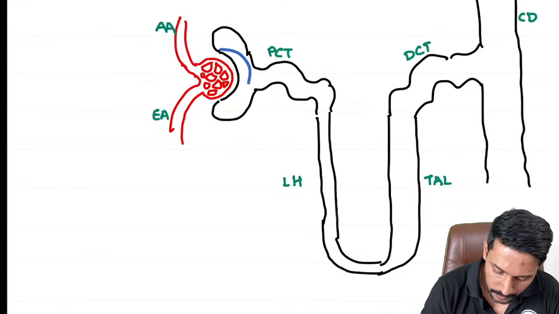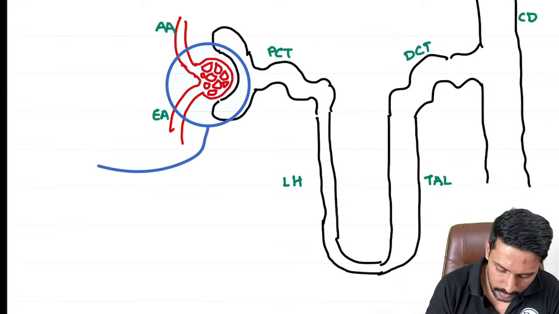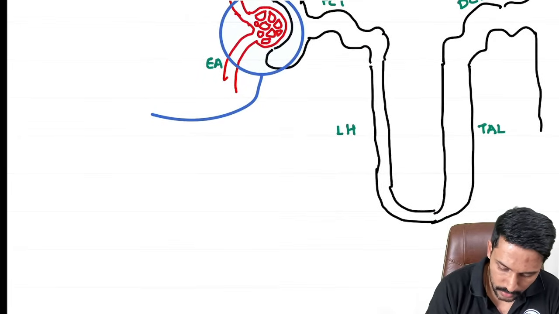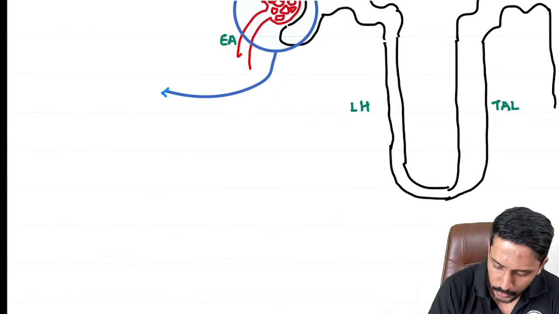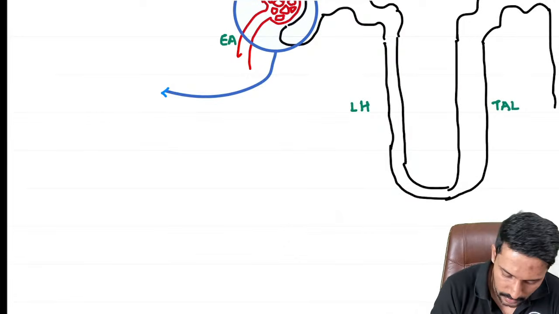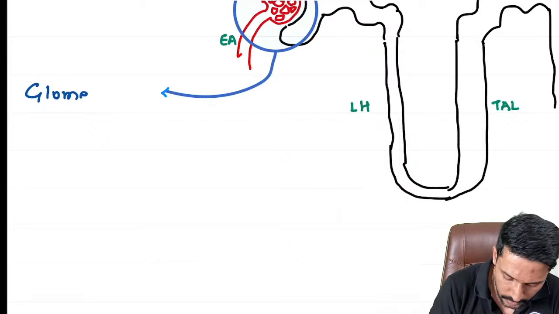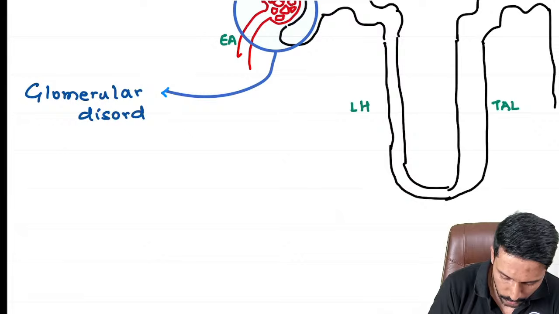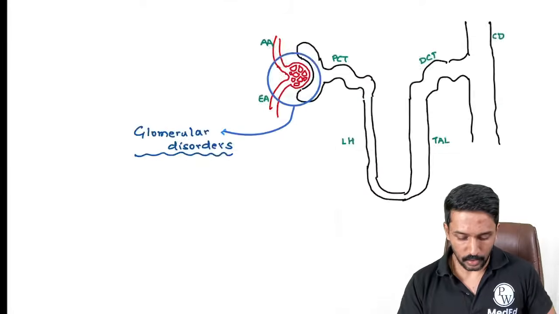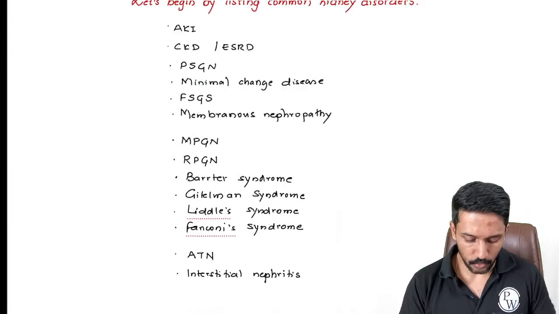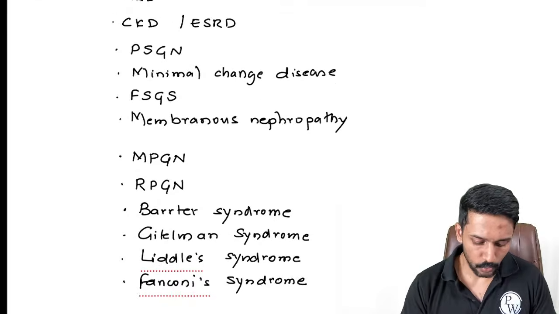How are we classifying them? We are classifying them as glomerular disorders and tubular disorders. So what comes under glomerular disorders? Can you name the diseases that we have listed as glomerular disorders? So this is the first set of disorders. We are going to call them glomerular disorders. Among the list that we made, let us identify what all are glomerular disorders.